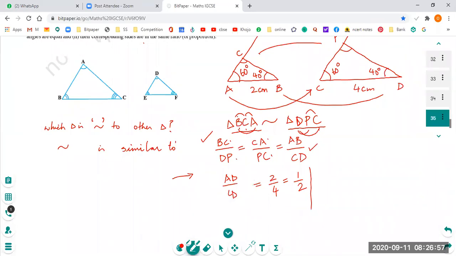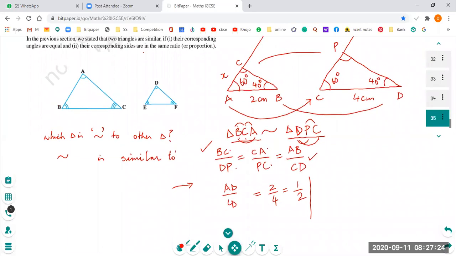I want to teach you. You should use a scale today, and you should draw exactly the same angles. Take AB as 2, CD as 4. I don't know what AC will be. You will get it by measurement, but I am very sure if AC is x, can any student tell me what PC will be?